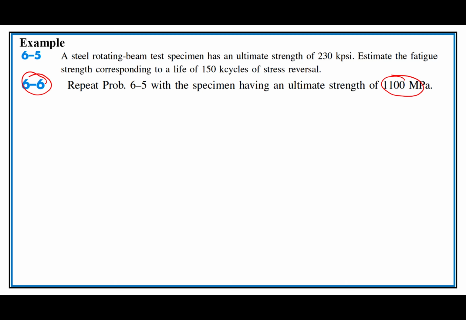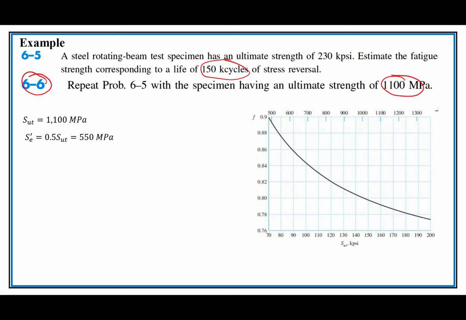So yeah, we're also going backwards, right? So here we have number of cycles, and we want to go backwards. So we take that 1,100 megapascals, and here's the SE prime, and then we could look up from here and find out that it looks like it's close to 0.79.